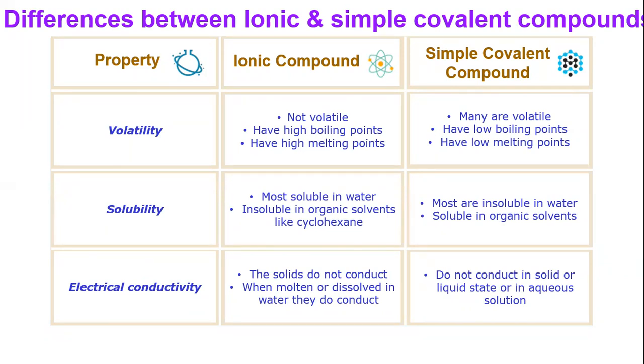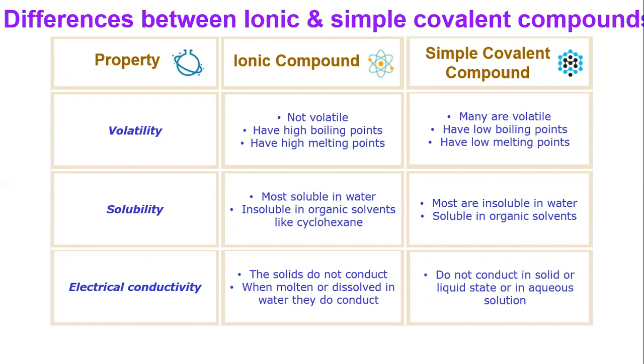In terms of solubility, most ionic compounds are soluble in water and insoluble in organic solvents like cyclohexane. And finally, electrical conductivity: the ionic compound does not conduct in the solid state, and when molten or dissolved in water, they do conduct.